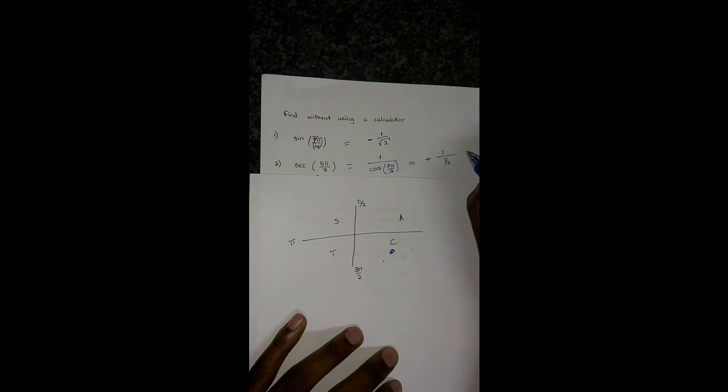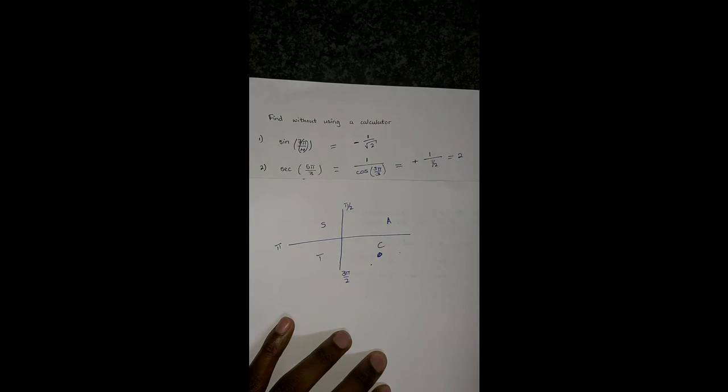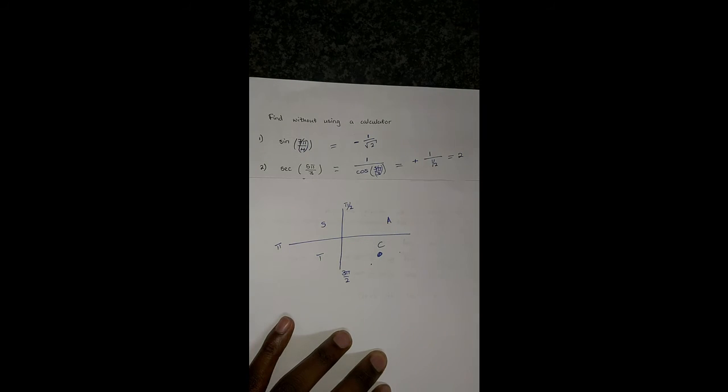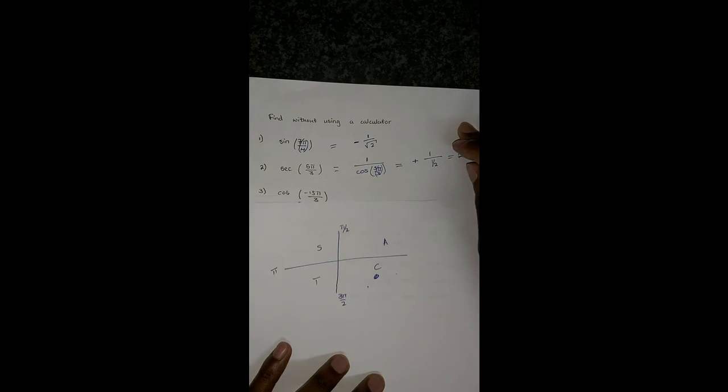So 1 over 1 over 2 is just going to be equal to 2. So 2 will be your final solution. You see that if you know your main angles, pi over 3, pi over 2, pi over 4, pi over 6, etc., then you can easily do all the other angles.